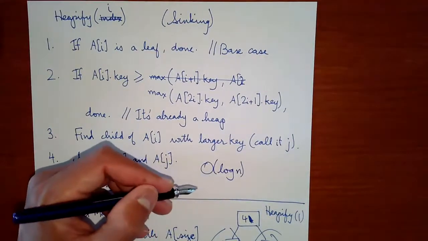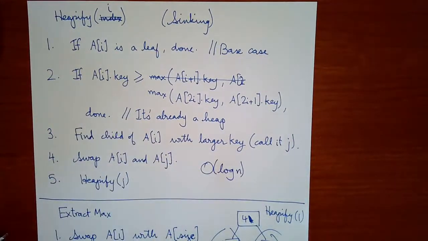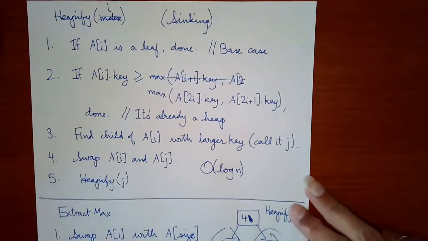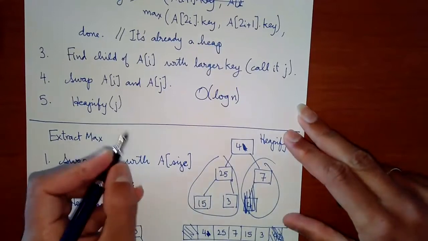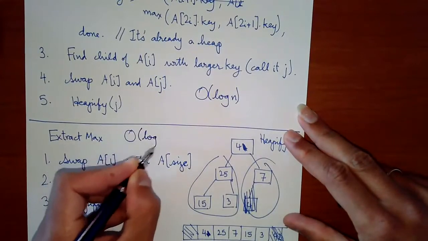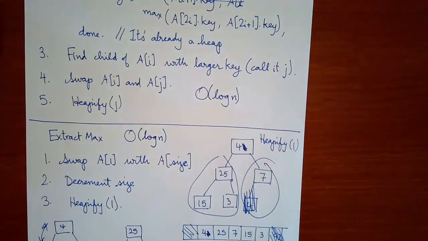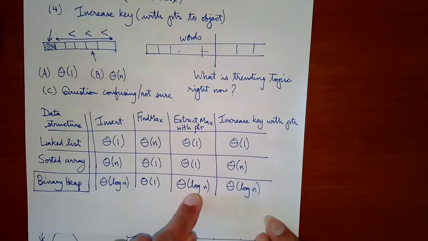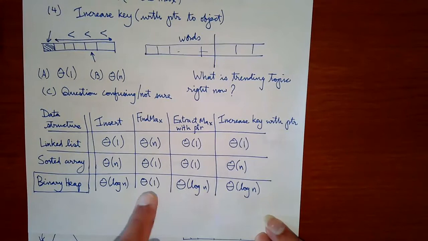It is theta of log n, but I'm saying O of log n for a particular reason, which I'll come back to. The extract max is also going to be O of log n. So in logarithmic time, you can extract the maximum. You can find the max.